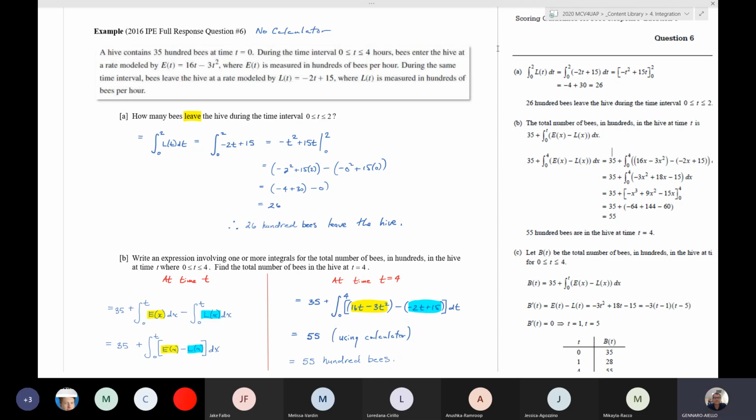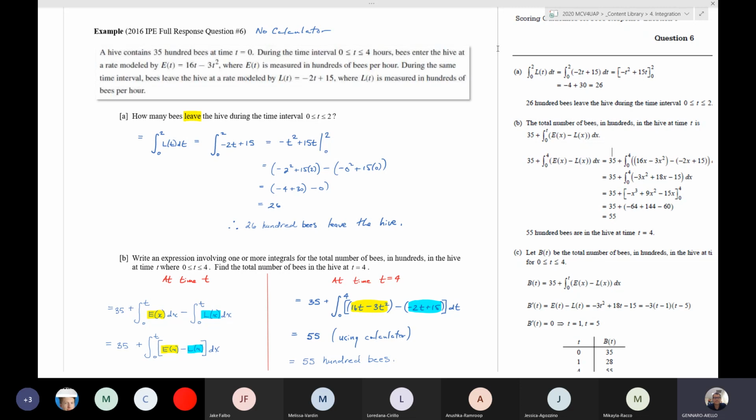So we've got a beehive that contains 3,500 bees at time t equals 0. During the time interval from 0 to 4 hours, bees enter the hive at a rate modeled by E of t equals 16t minus 3t squared, measured in hundreds of bees per hour.